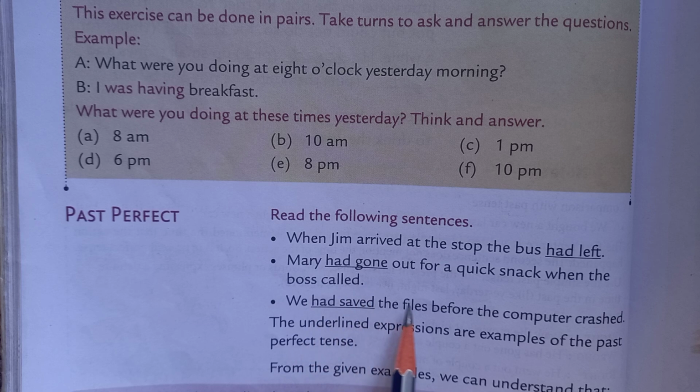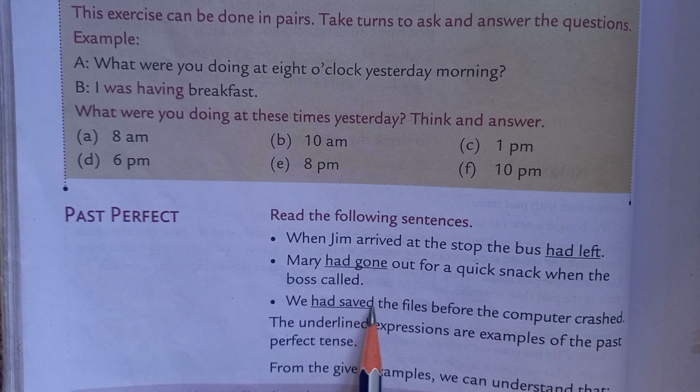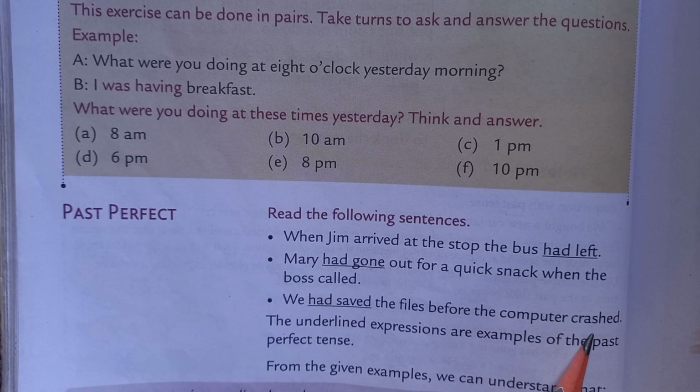We had saved the files before the computer crashed. So had saved is past perfect. Okay, so this is the first action, that we saved the files, had saved the files before the computer crashed. Now here crashed is V2.